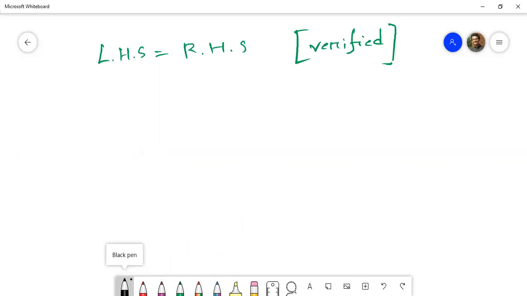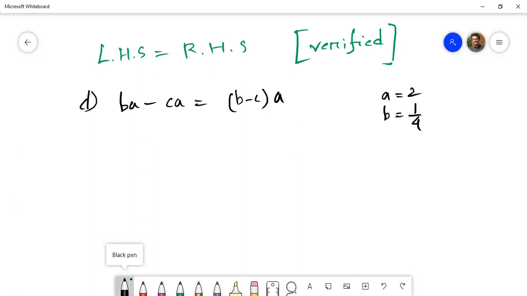So the question is, you try to solve it on your own before me. I will just make sure I write the question and you try to do it before me. BA minus CA equals B minus C multiplied with A. Remember, A is 2, B is 1 by 4, and C is negative 6. Try to do it the way that I did.